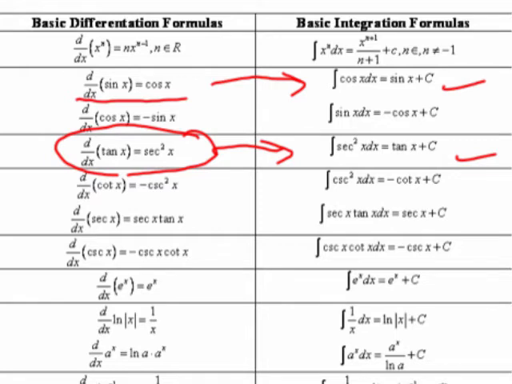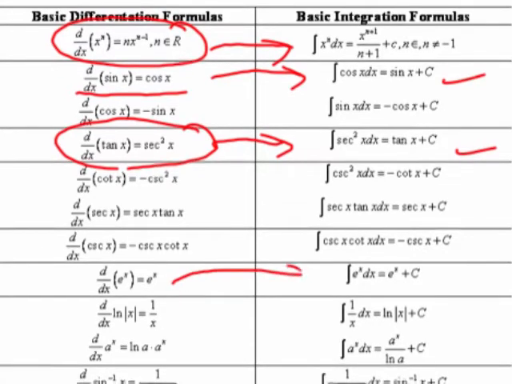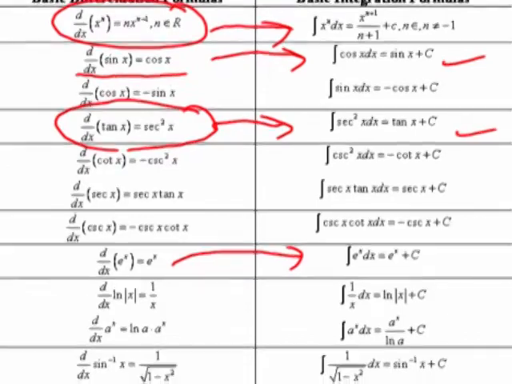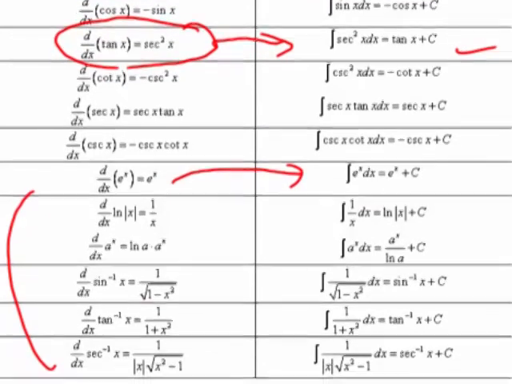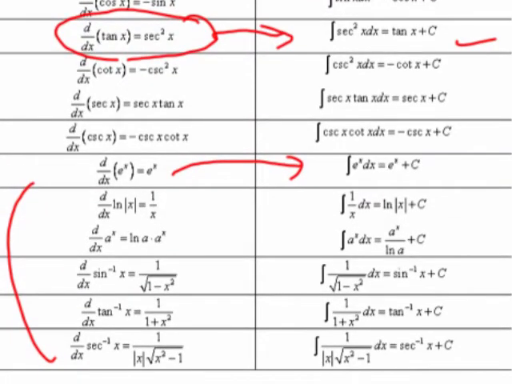You can reverse the power rule; we'll take a look at that in a second. The derivative of e to the x is e to the x, so the integral of e to the x is e to the x plus c. That's a nice one. And all the other log and inverse trig derivatives can be turned into integration formulas.